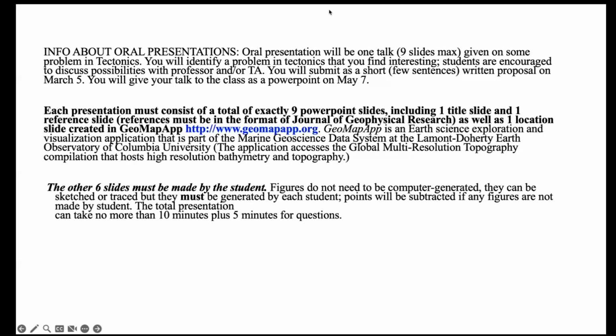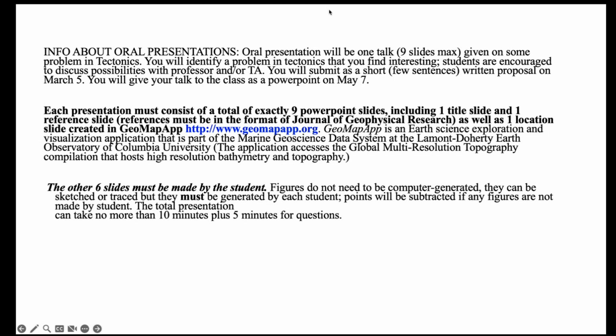The oral presentations are a talk with 9 slides maximum given on some problem in tectonics. You've identified a problem in tectonics that you find interesting, and we've discussed your possibilities, and you submitted a few sentence written proposal on March 5th. And then today you're going to give your talk to the class as a PowerPoint.